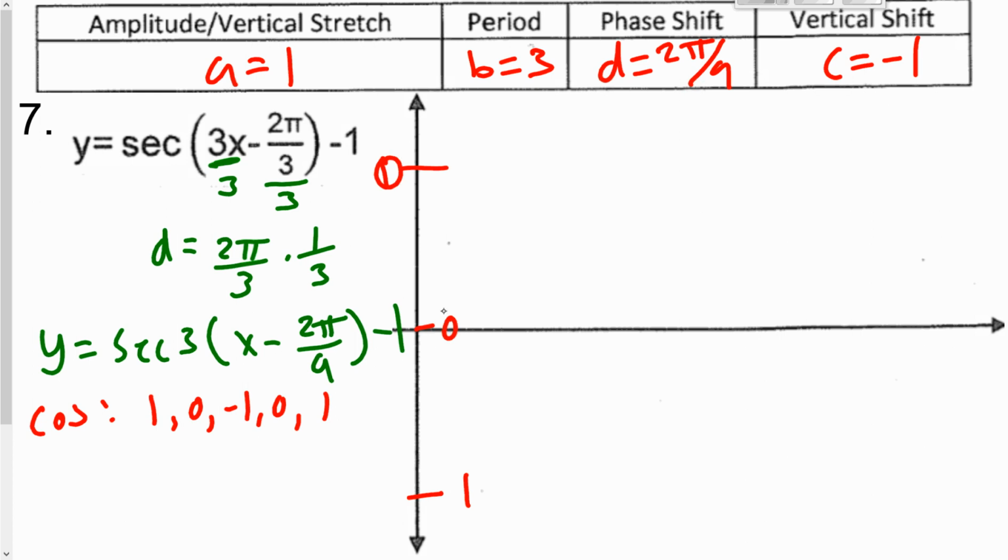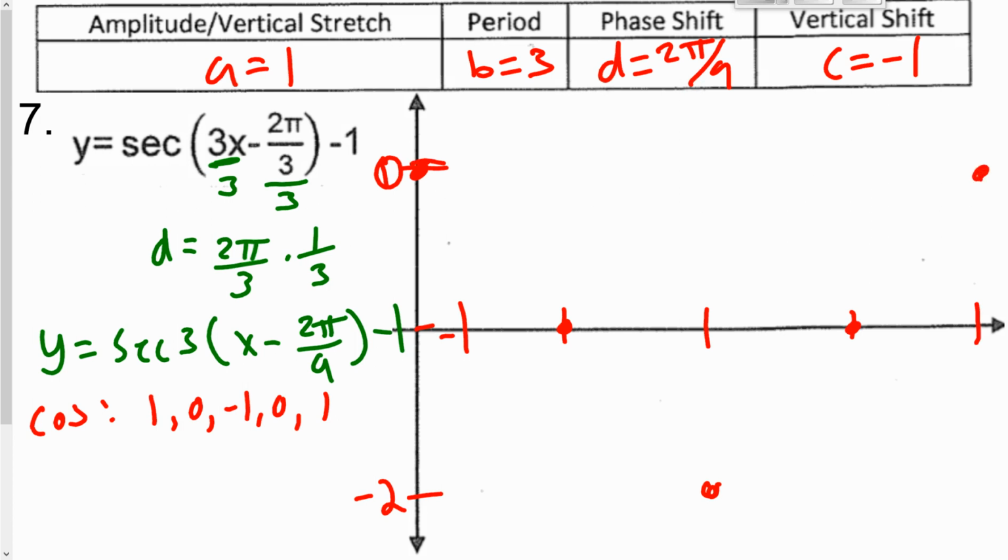This becomes -1. Ooh, that works. Could leave that green writing right there, but I'll put -1. And then this becomes a -2, because it was -1, now it's going to become -2. And it goes 1, 0, -1, back to 0, back to 1.